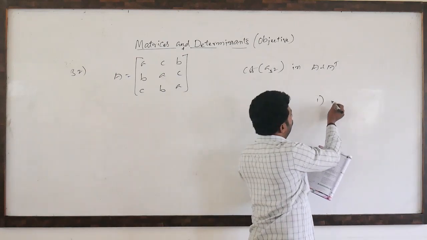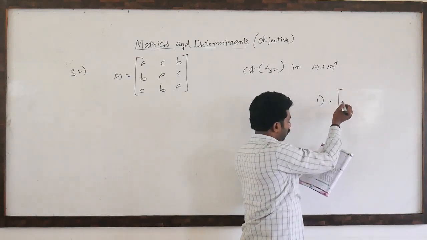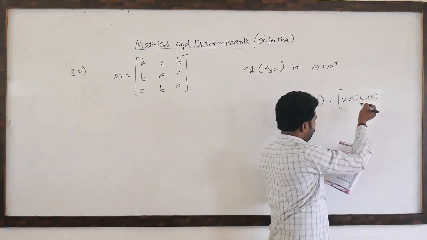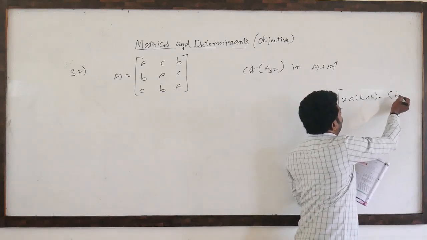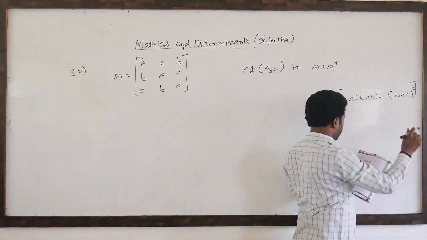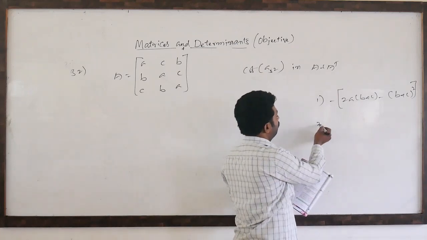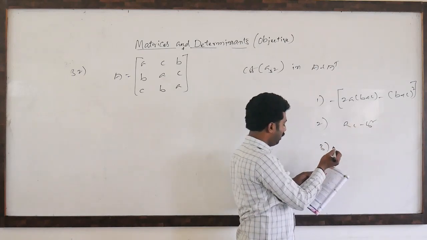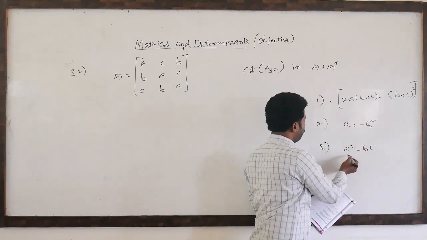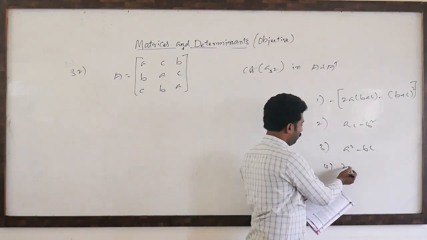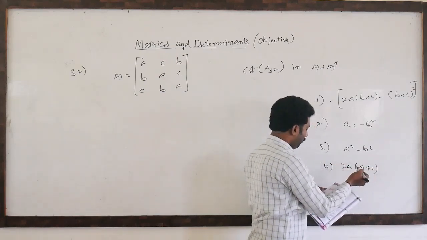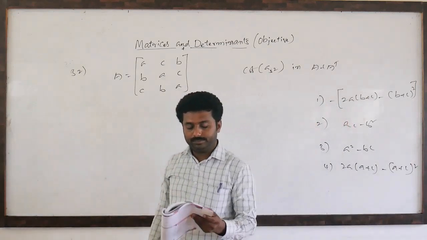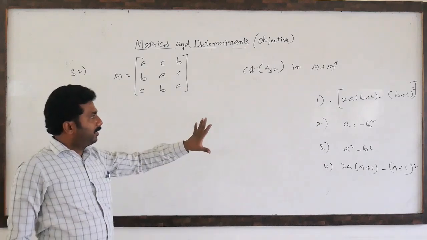First option is minus of 2A into B plus C minus B plus C whole square. Second option AC minus B square. Third option A square minus BC. Fourth option 2A into A plus C minus A plus C whole square. So we have to find which one is the correct option.